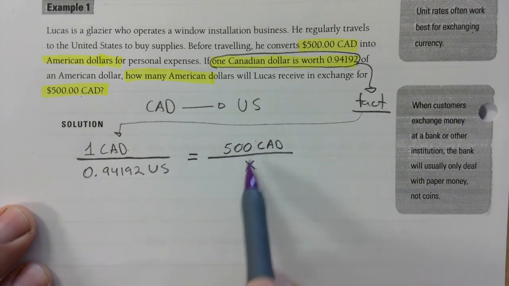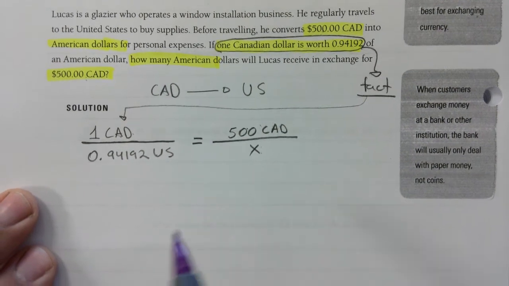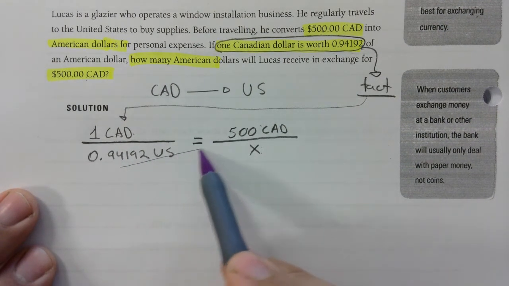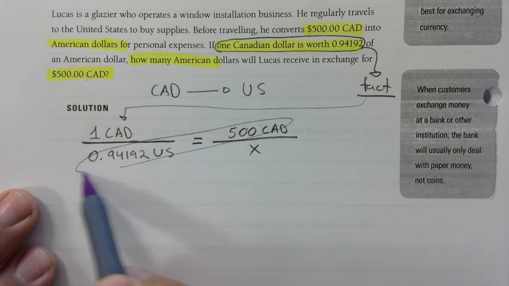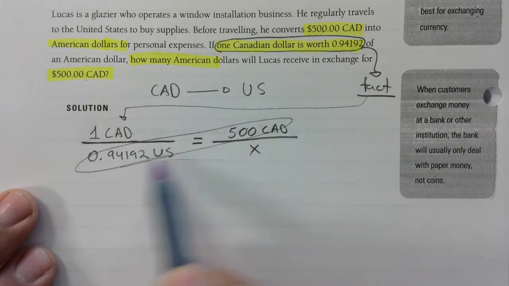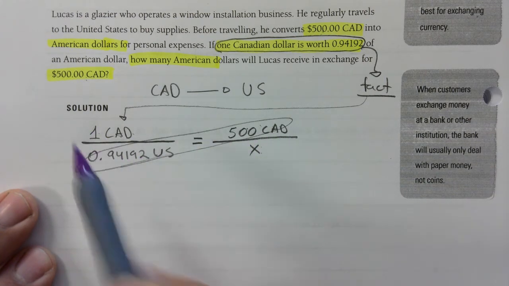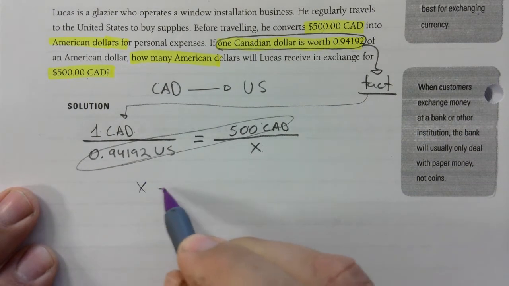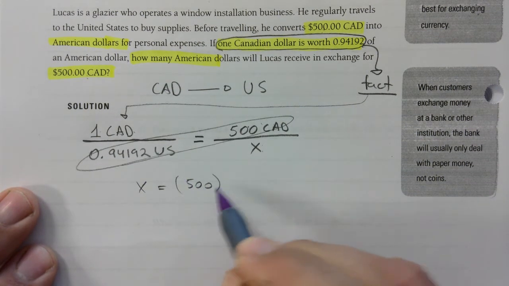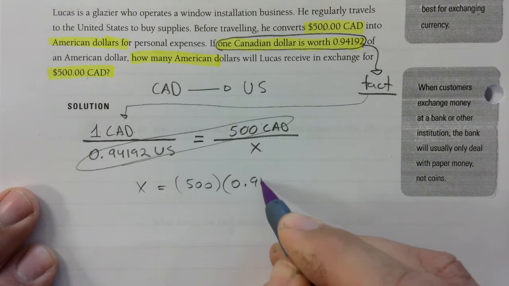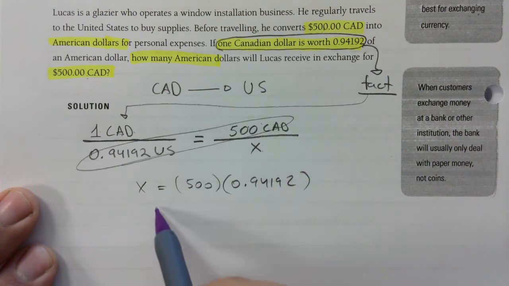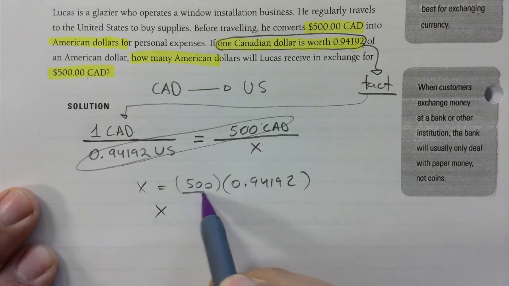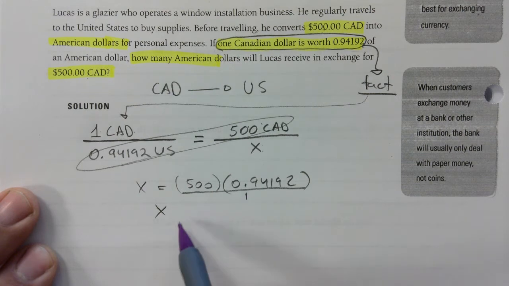Now we're going to find out how many US dollars we can get for that. And you can cross multiply here, right? You always multiply diagonally and you divide by what's left over, and it's just 1. So it'd be 500 times 0.94192, and let's do the divided by 1 so we don't forget that that is the step.